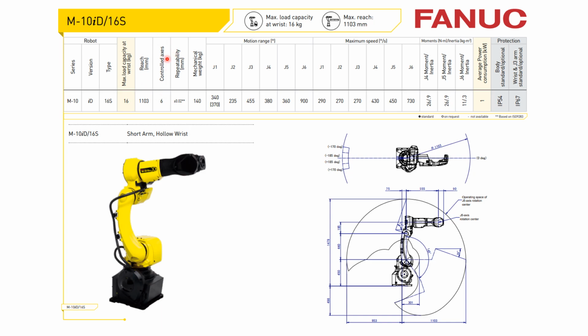Then the axes, what we discussed, the number of axes. It has six axes. And then the repeatability. You can see it is plus minus 0.02, that is 20 microns. That is the repeatability. Then here you can see the joints. As we have the axes, they will form some joints. It has six joints, and the motion ranges are given.